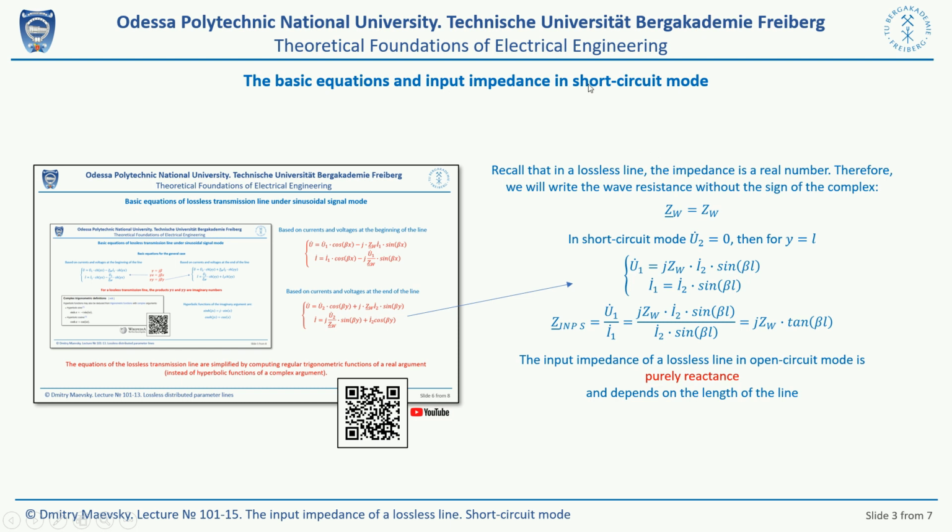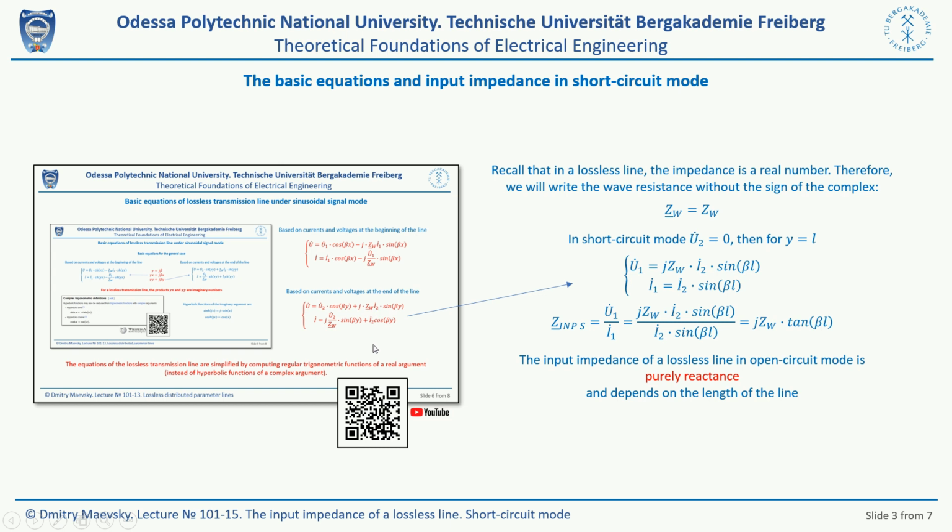Let's start by obtaining a mathematical expression for calculating the input impedance of a lossless transmission line in this short circuit condition. To do this, just like in the previous lecture, we will use the fundamental equations of a lossless transmission line, where the voltage and current at the end of the line are known.